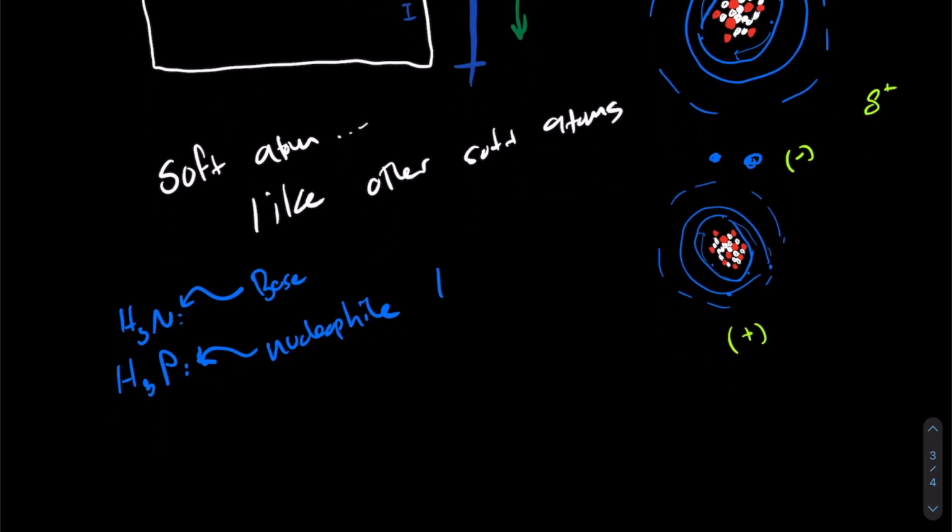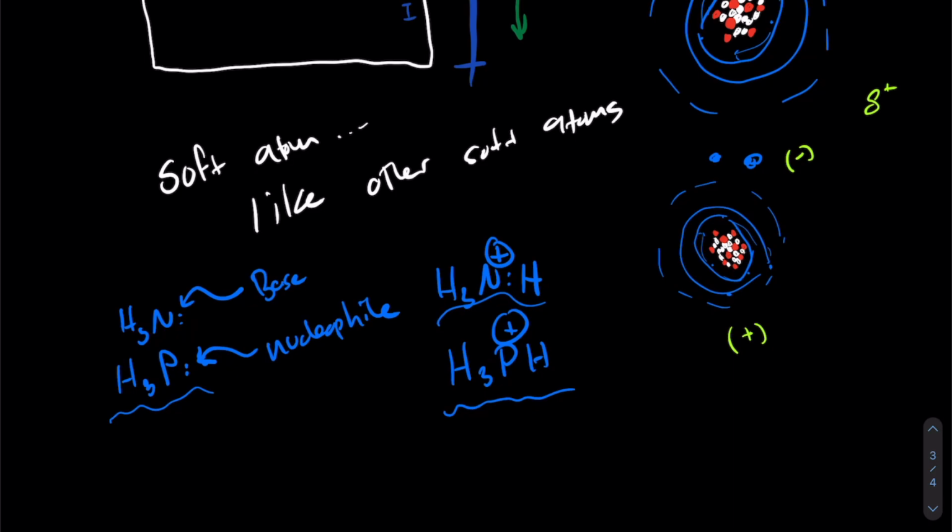If we take the conjugate acid of both of these, this is several orders of magnitude more acidic than this. So by that context, this is by far the worst base.